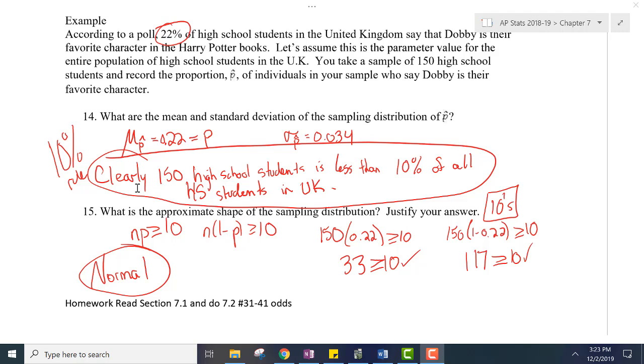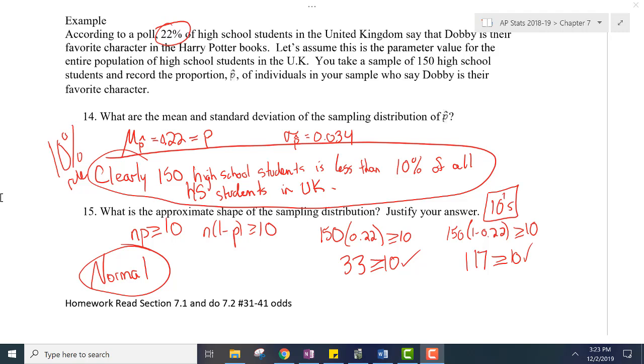That means we can find our mean and our standard deviation. So our mean is mu of p-hat, which is p, which is 0.22, kind of our parameter. Our standard deviation would be the square root of p times 1 minus p over n. Not sure why I don't have it written there.